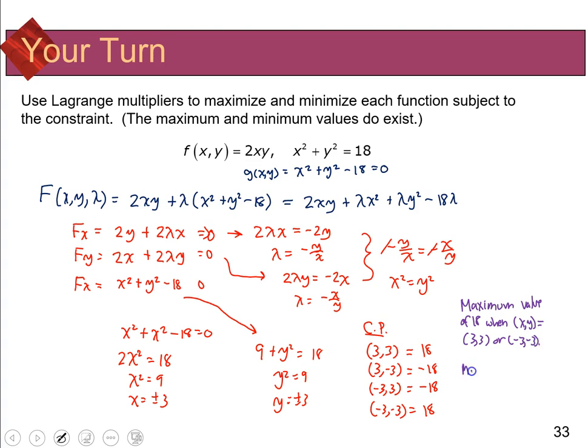And I'm going to have a minimum value of negative 18 when my xy pairings equal (3, negative 3) or (negative 3, 3). So those would be my maximum and minimum values based off Lagrange multipliers.